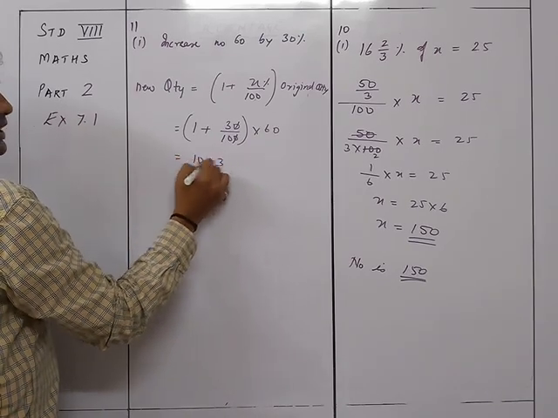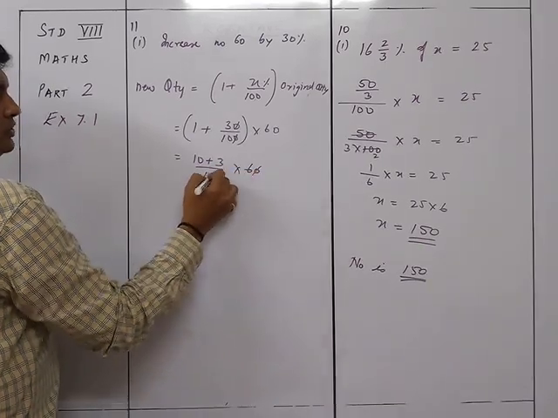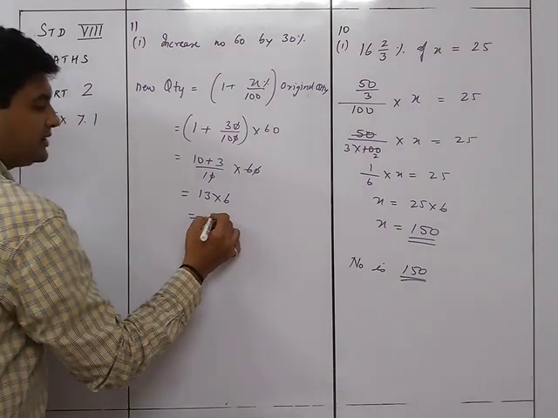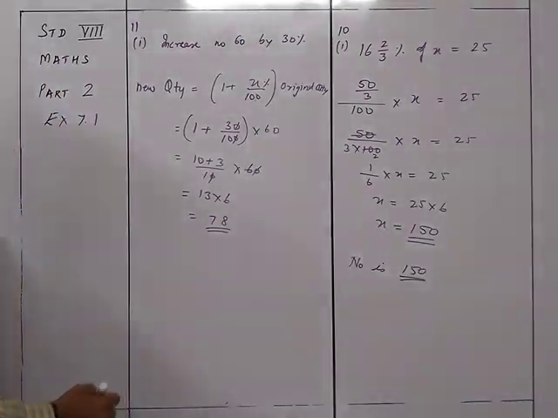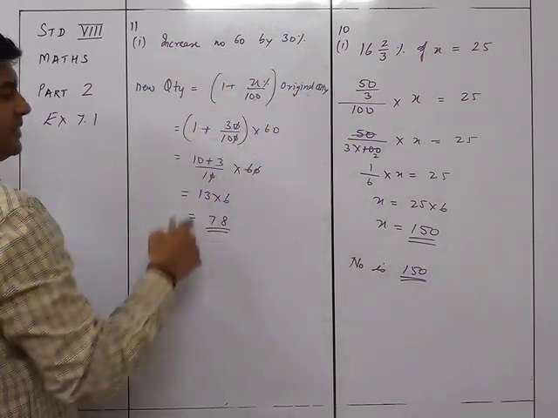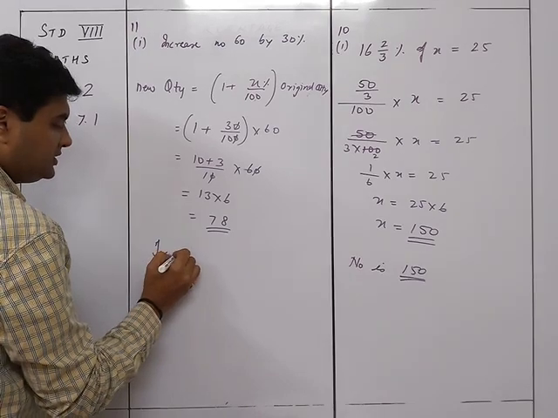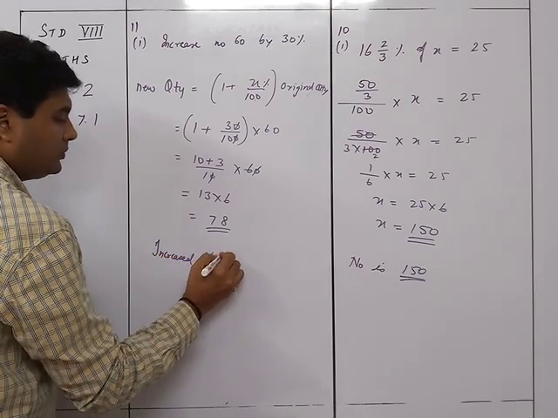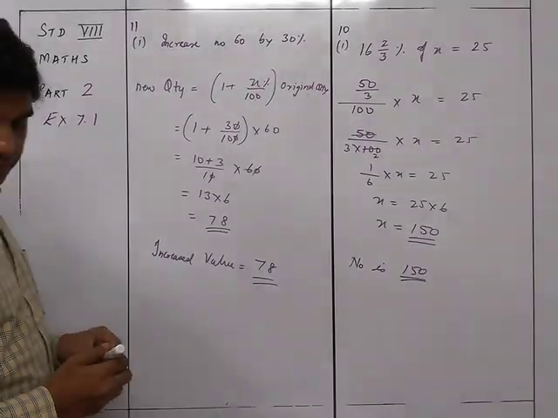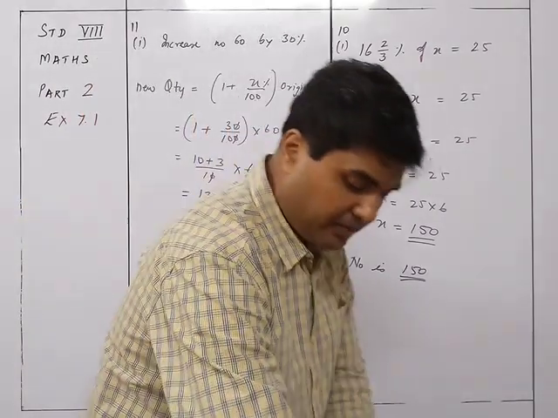So it will be 10 plus 3 upon 10 into 60. 0, 0 cancel. So it is 13 into 6. So that is 78. So increasing 60 by 30% means 78. So the new number, the increased value, is equal to 78. Understood? That was sum number 11.